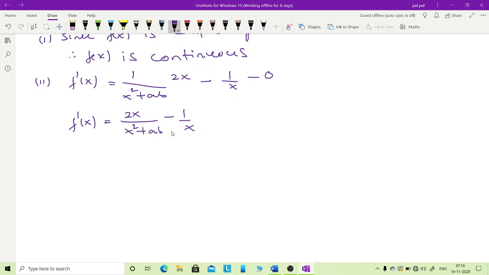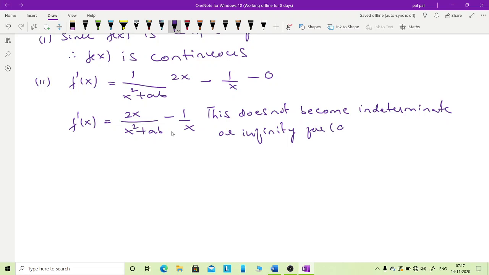So you conclude that this does not become indeterminate or infinity for any values in the open interval (a, b).